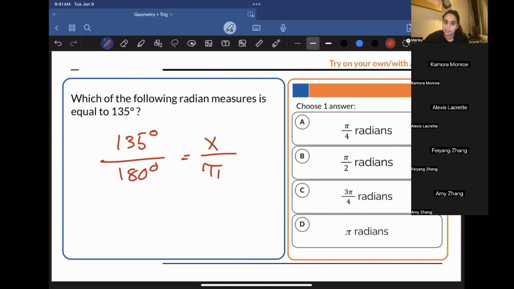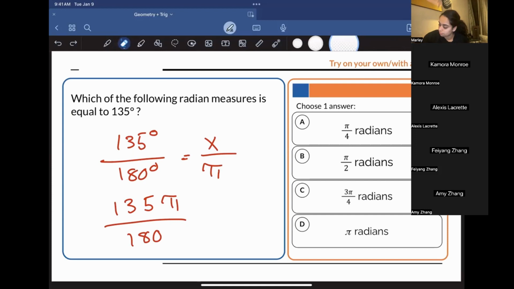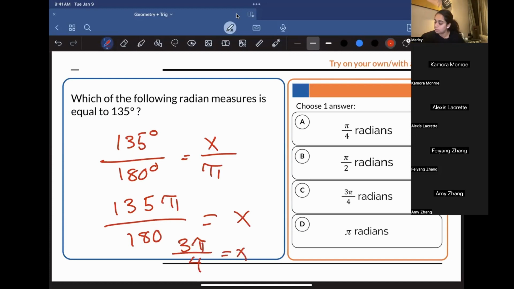Then we cross multiply: 135 pi all over 180, equals X. There's no real point dividing, because the answer is with pi and radians. If you wanted to simplify it in your graphing calculator, it would come out to 3 pi over 4 equals X. So the answer choice is C.